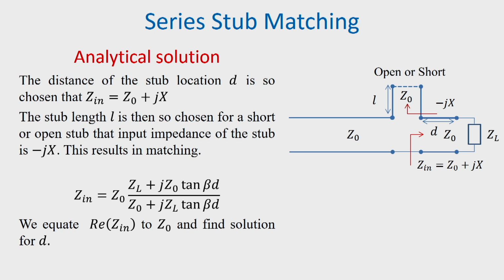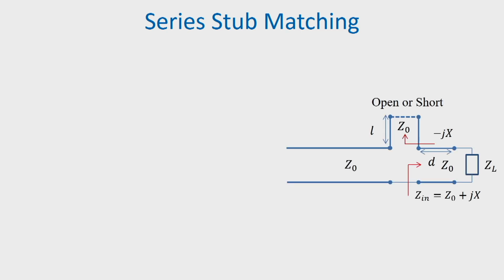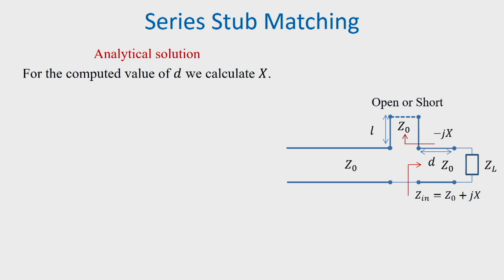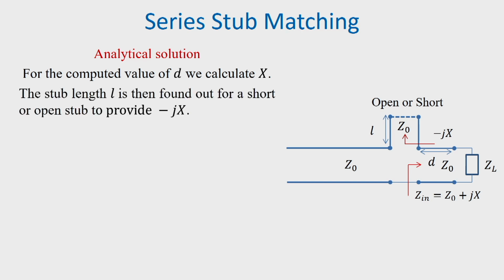We equate the real part of Zin to Z0, then we can find a solution for D. And once we have calculated D, we calculate the value of X by substituting D, and then we find out the length of the stub so as to provide minus jX.